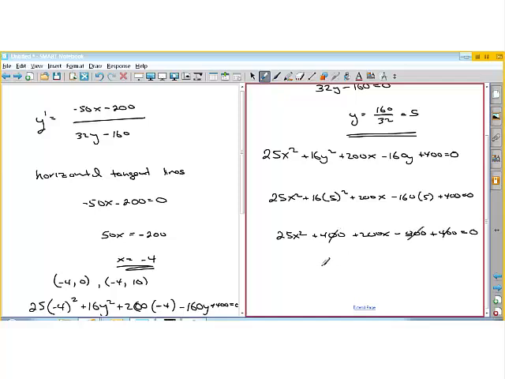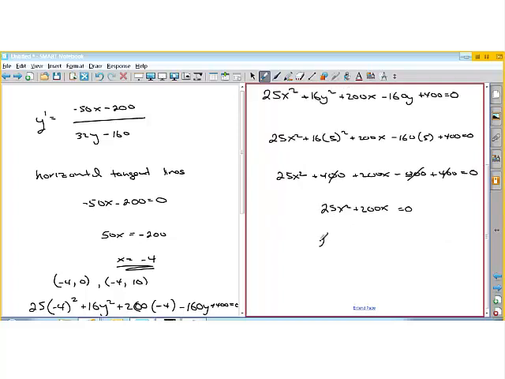Subtract 800, you get 0. So the same kind of thing happens. You get 25x squared plus 200x is 0. Factor out 25x, and you get x plus 8. 25 times 8 is 200. So you have two x values, x equals 0 and x equals -8.